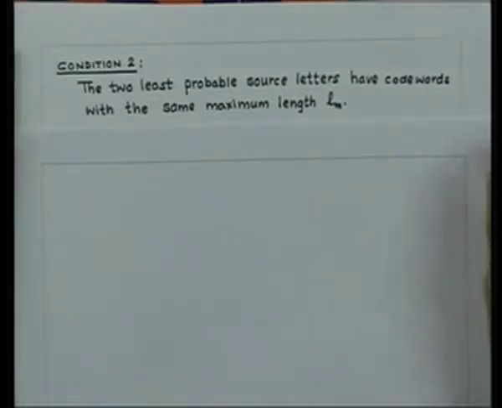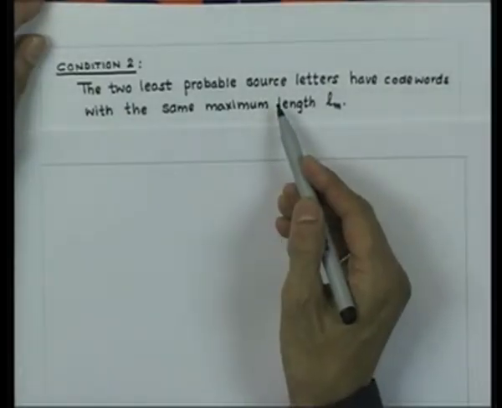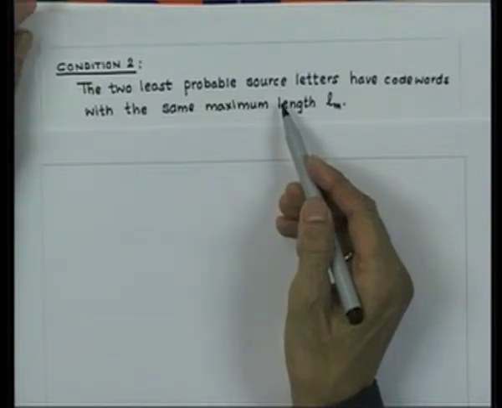We have already provided the justification for this in the last class, where we showed that if this condition was violated, then I would get a code with an average code length which is less than the optimum, and it contradicts our assumption about the original optimum code.